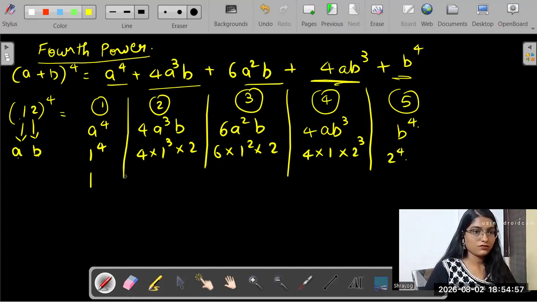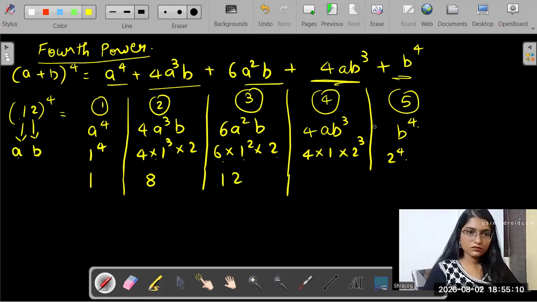Here, 4 multiplied by 1 is 4, 4 multiplied by 2 is 8. So the answer of this block is 8. Then 6 multiplied by 1, and the square of B is also there. The square of 2 is 4.